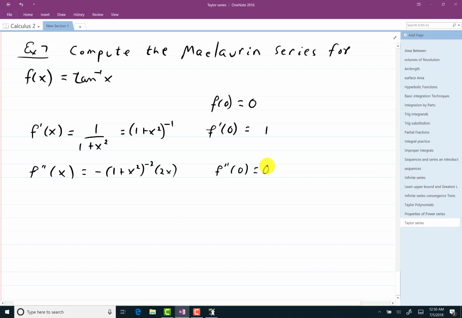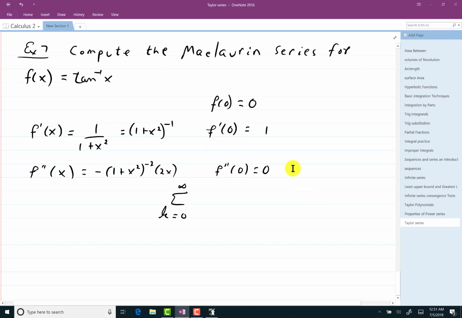And then we do it again. And I did this one before. I think we found that this series ended up being the sum k equals 0 to infinity. This is the one that went 1 minus 1/2 plus 1/3. Or was it?